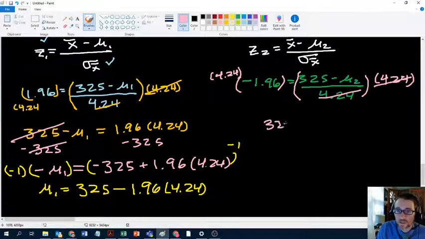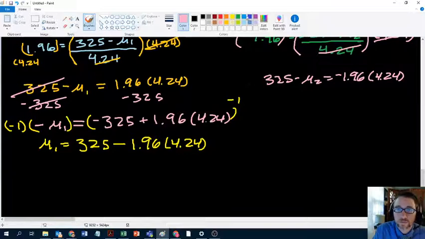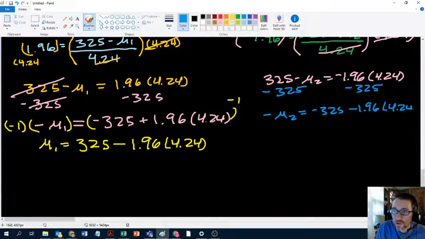Flipping over the equal sign again, 325 minus mu2 equals negative 1.96 times 4.24. We need to get rid of that 325, so we'll subtract 325 from both sides. Get negative mu2 equals negative 325 minus 1.96 times 4.24.